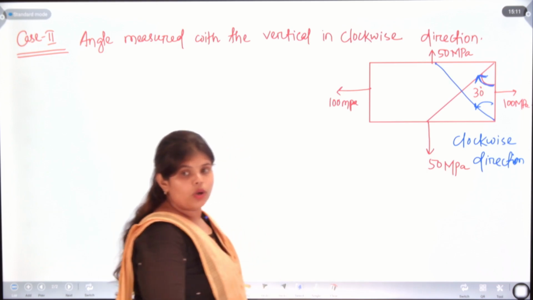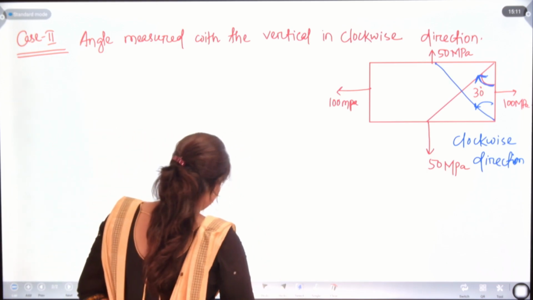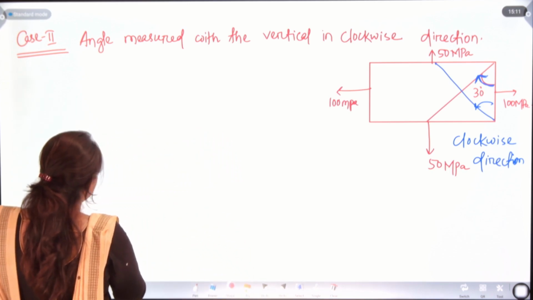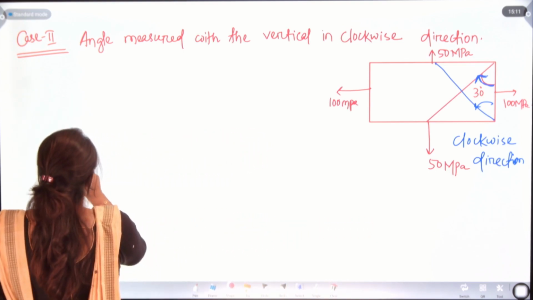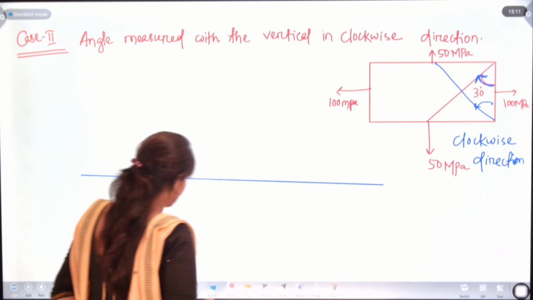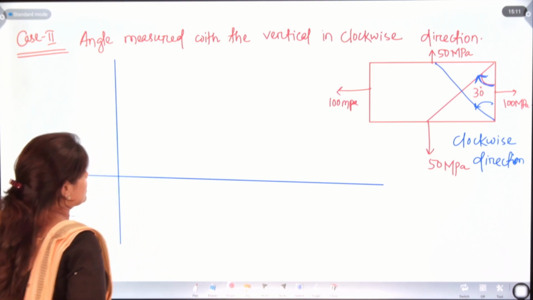Okay. So what changes will occur in case of Mohr circle? Let's see. Let this be our x-axis and here we have the y-axis.